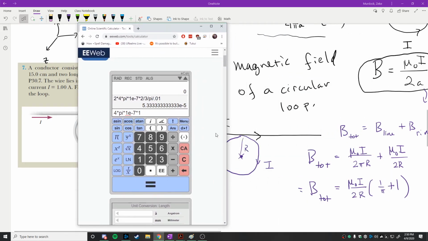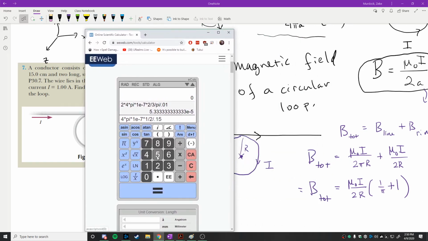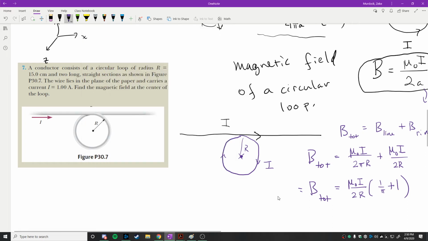And then divided by 2, divided by 15 centimeters, that's 0.15. And then we just need to multiply by 1 over pi plus 1. And that's our answer, 5.5 times 10 to the negative 6. So I'm going to write that as 5.5 microtesla.